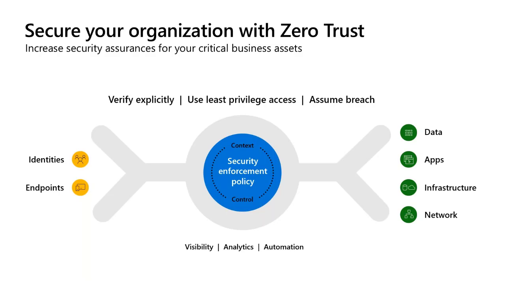And at the bottom, we have the keys. Number one, visibility. We've got to have the ability to look and see what people are doing, and the ability to, again, go through analytics. Analytics says, take what's visible and turn it into some real data. Like, for example, Phil's badging in at 3 a.m. in the morning. That's visibility. I want to make sure I've got the visibility to that.